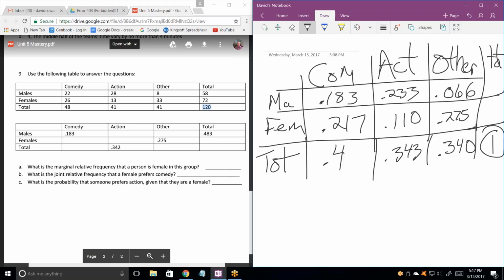What is the marginal relative frequency that a person is female in this group? What's the total females if I add these 3 decimals? Hold on, I got my calculator. It's 0.5 something, pretty high. Well, I know what it is. It's 0.517.